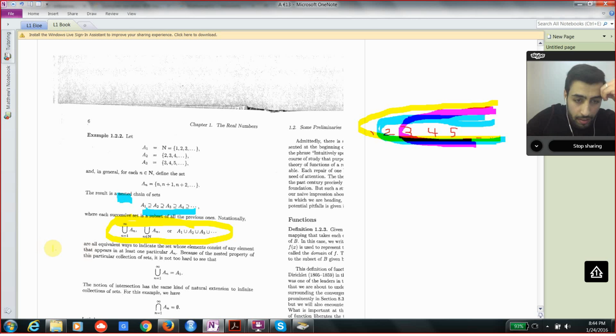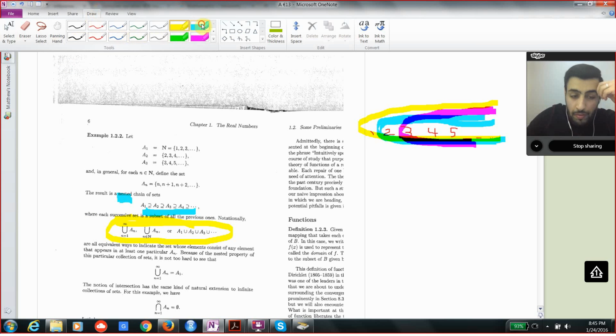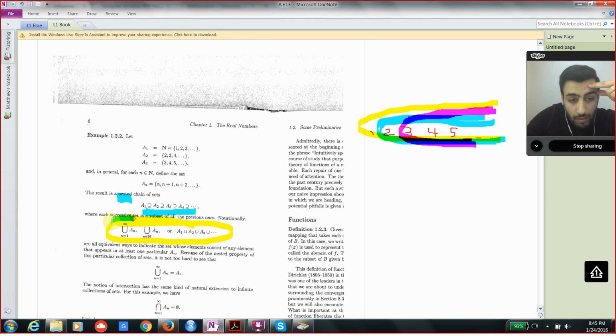Notice what this means: you're in A1 or in A2 or in A3 or in A4. So in order to be in the union, you only have to be in one of them.